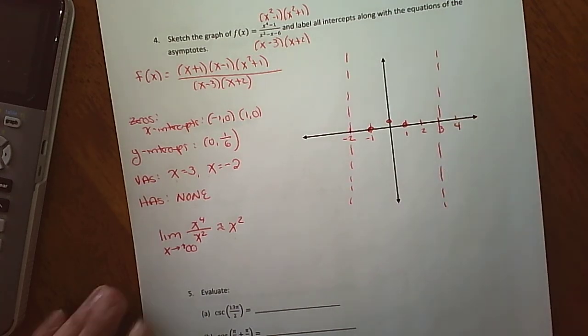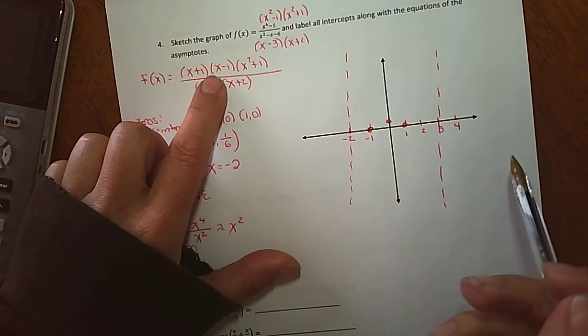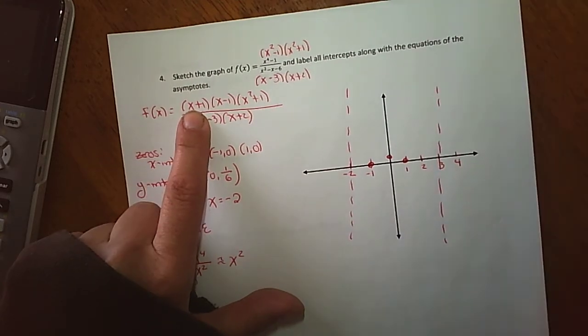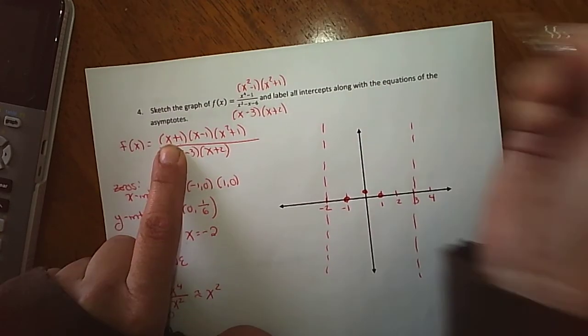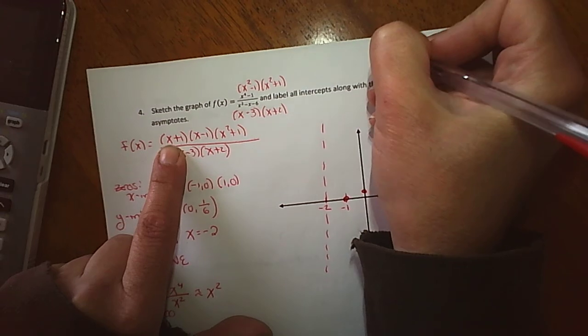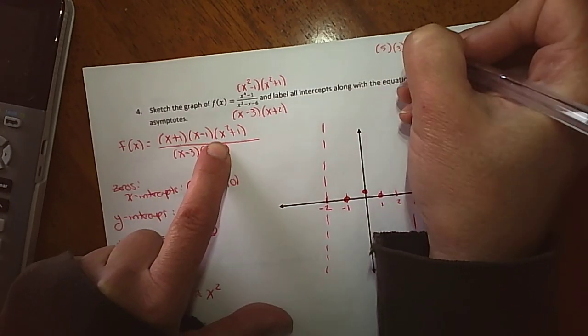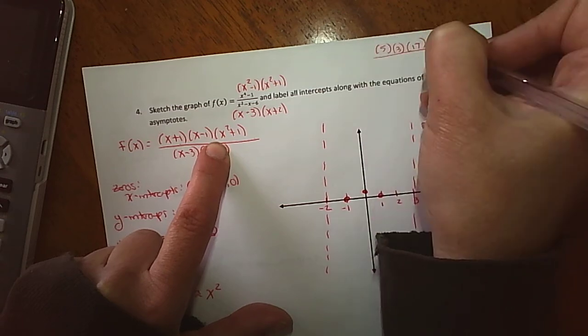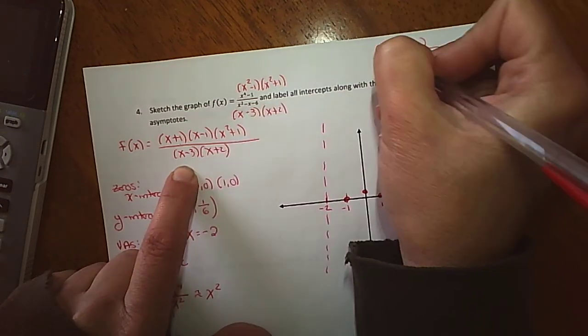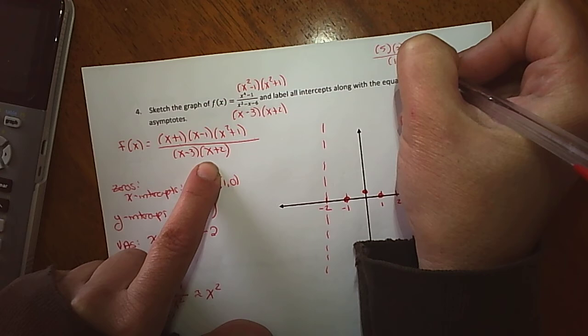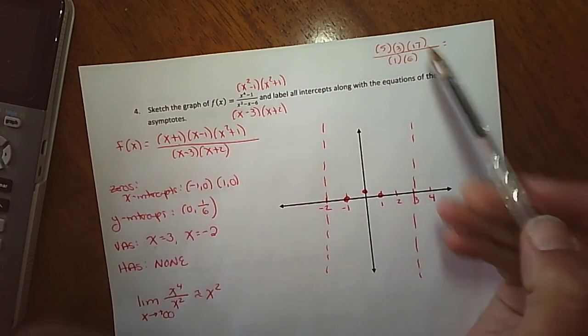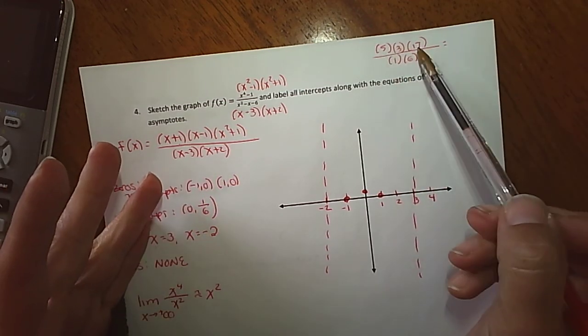Okay. So start out here. Let's plug in the number 4 to see what's going on. So if I plug 4 into this, I'll do it up here. If I plug 4 in, I get 5, 3, 16 plus 1 is 17, right? 4 minus 3 is 1, 4 plus 2 is 6. All right, so all I care about really is this answer going to be positive or negative?